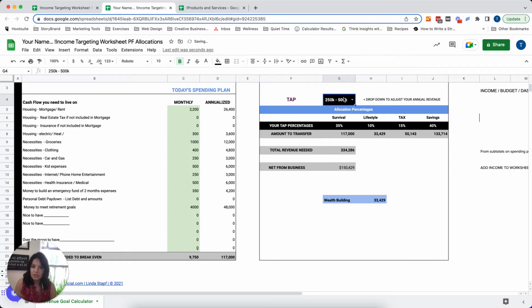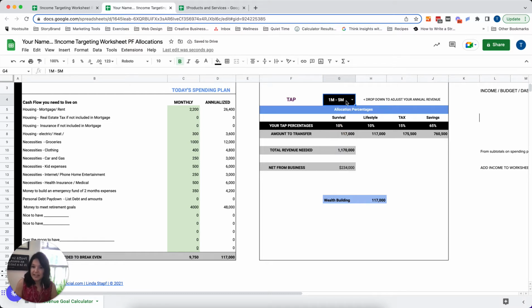If you move it to 250 to 500,000, you get to a 35% take out of the business for the business owner. So you've got 5% going to profit, 15% going to taxes, 30% going to operating expenses at that point.